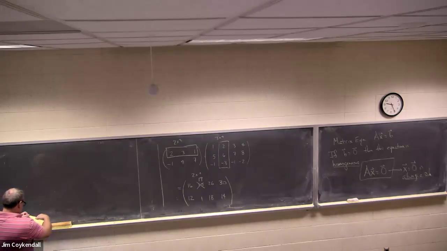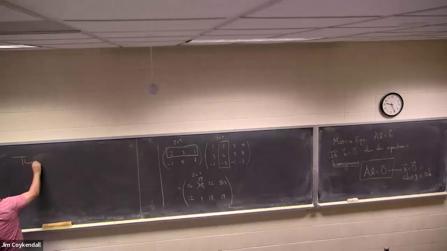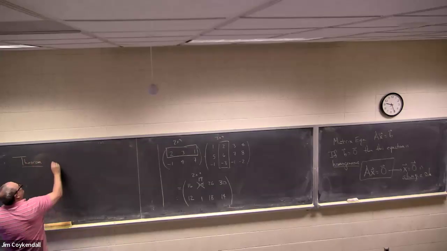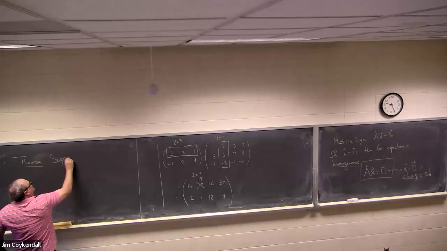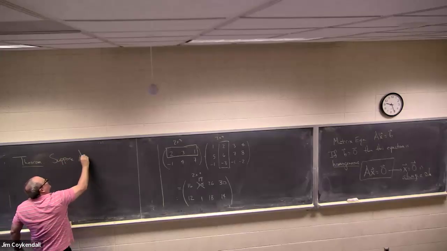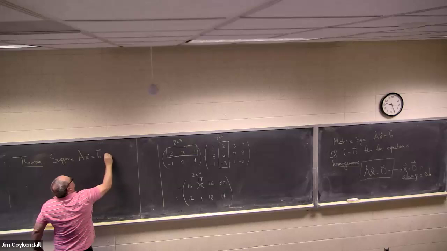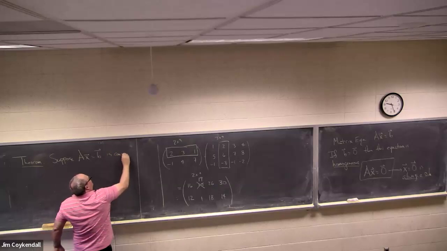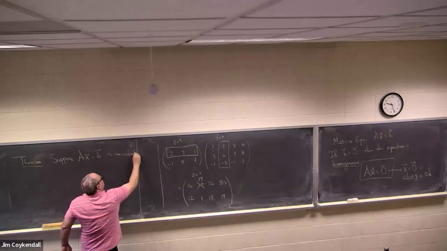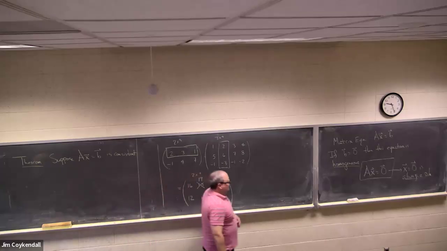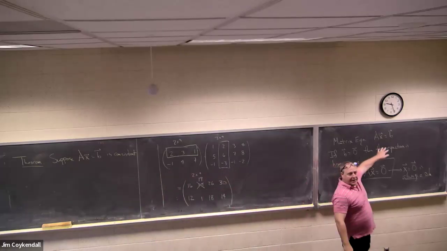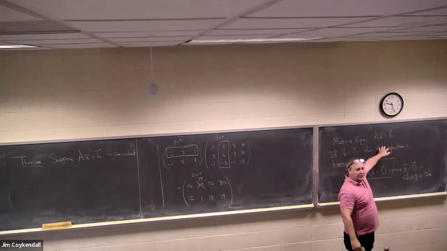So, suppose AX equals B is consistent. And as I pointed out, for the general equation here, that's the big first-out-of-the-gates question that you have to ask. Does this even have a solution?